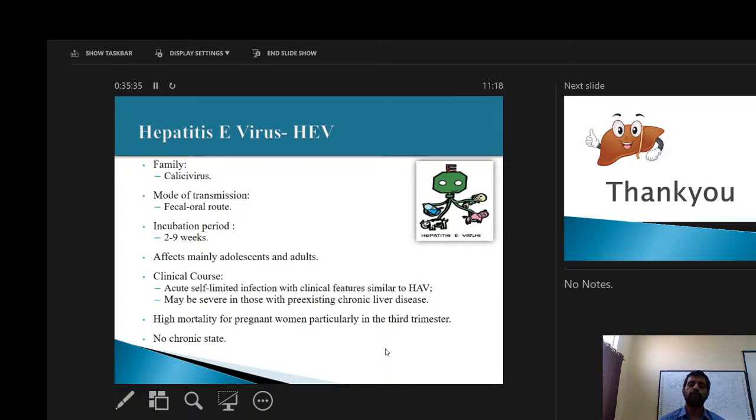So what do you do when somebody is having cirrhosis? You also need to vaccinate them against hepatitis A and E, because cirrhosis patients will go immediately into decompensation, because the liver reserve is already less. Whenever they have an acute hepatitis from any cause, they'll go into decompensation. So you need to vaccinate them also against these viruses.